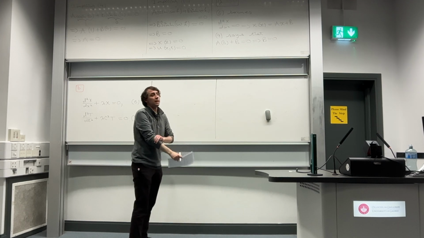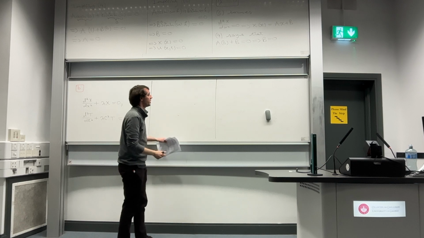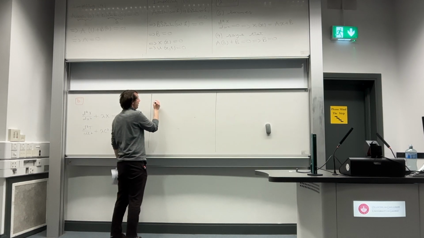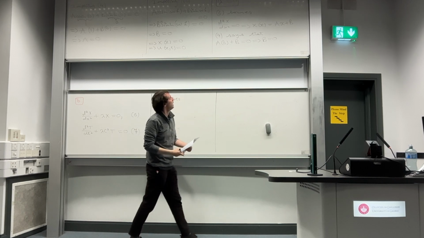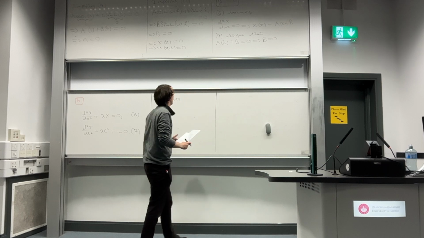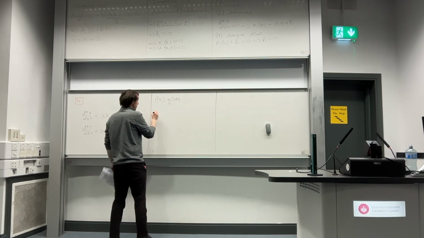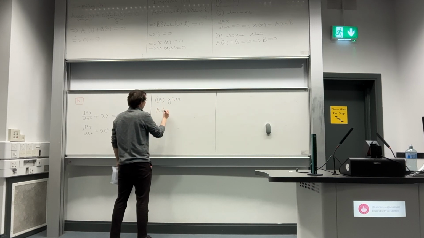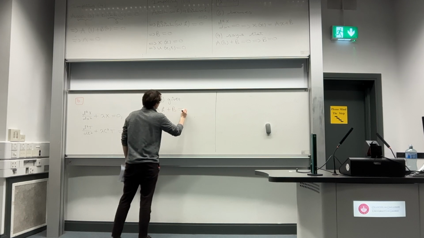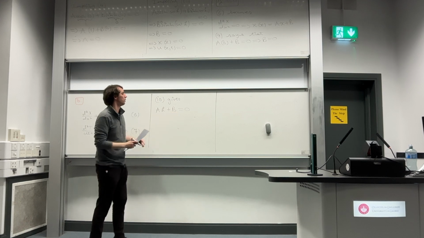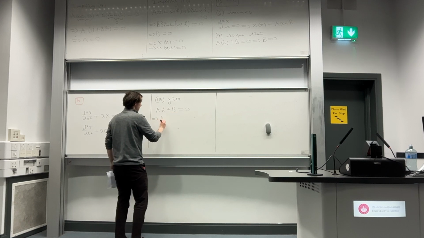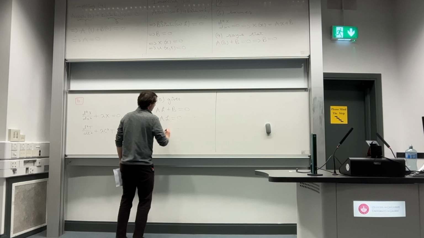And to determine a, we need to impose boundary condition 10, namely x of L is equal to 0. So if we impose boundary condition 10 in our equation for x, that would give us that a L plus b is equal to 0. And of course, remember that b is equal to 0. This just tells us that a L is equal to 0.